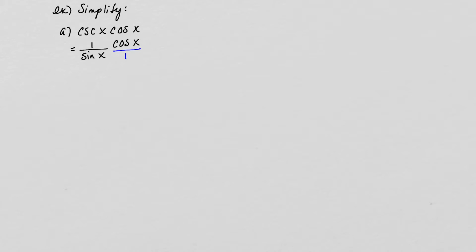If I multiply these together, I end up with cosine x on the top and sine x on the bottom. Cosine x over sine x is just equal to the cotangent of x. So the first thing I did was use a reciprocal identity, and the second thing I did was use the quotient identity.